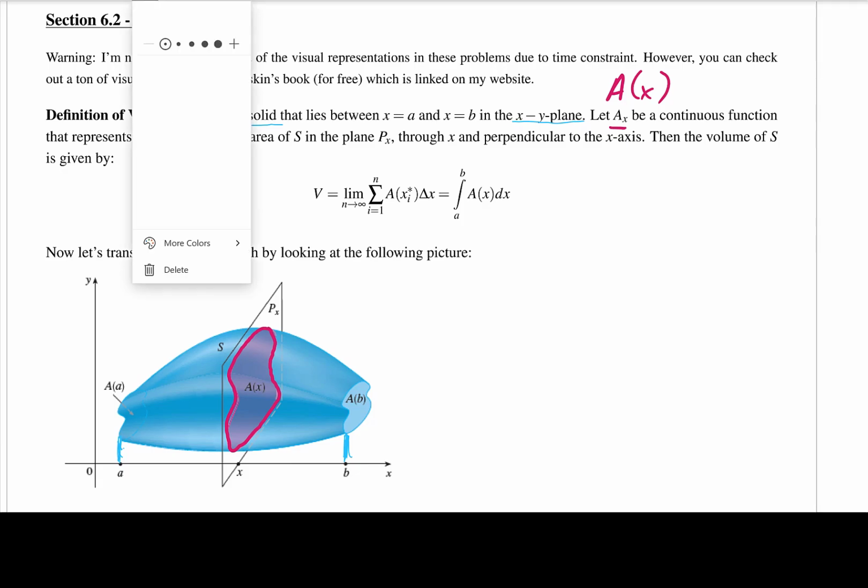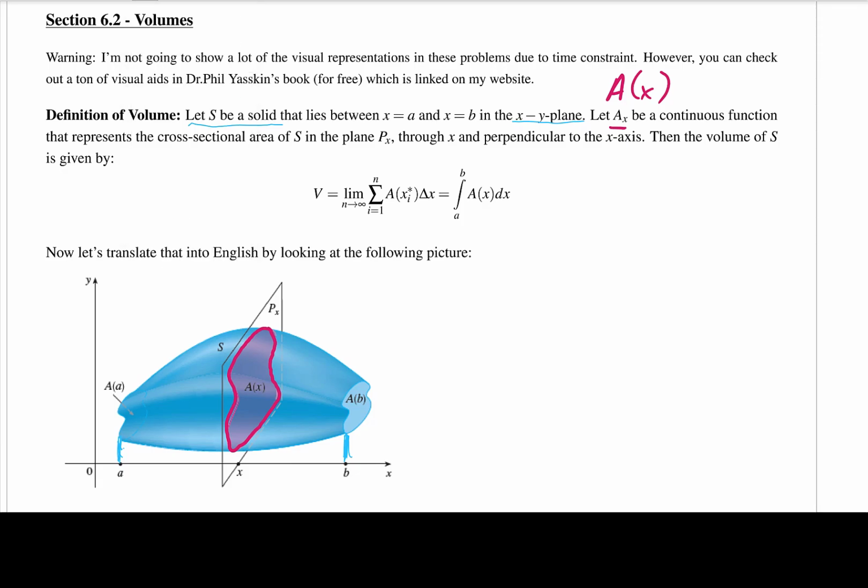So let's see what I'm talking about here. We have this plane P sub x, and we have intersected it with this solid S. When we intersect these two, what we get is all of this red or pink, whatever you want to call it, all of this area in here.